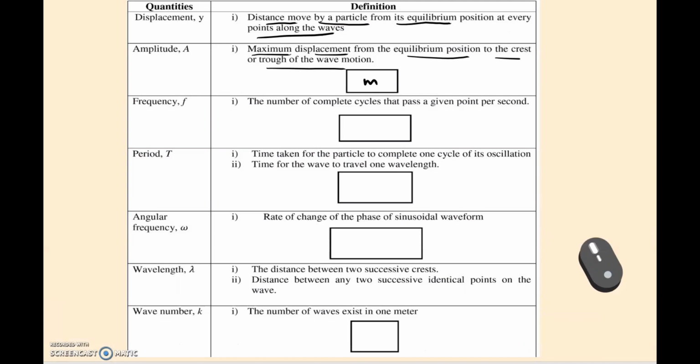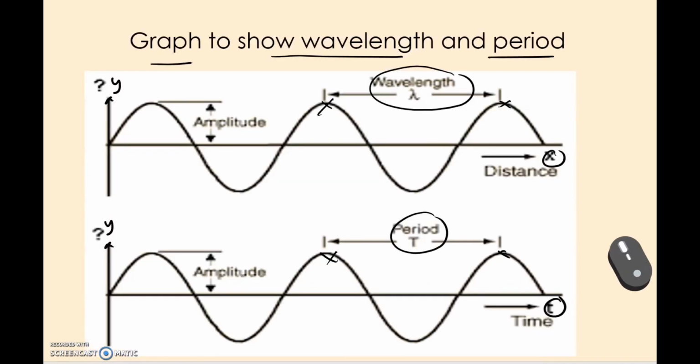Then we have frequency. What is frequency? It is the number of complete cycles that pass a given point per second. The unit is hertz or per second. Then we have period, which is the time taken for the particle to complete one cycle of its oscillation, or the time for the wave to travel one wavelength.